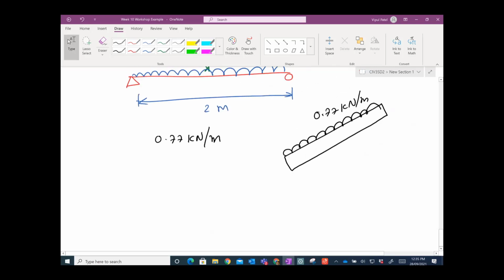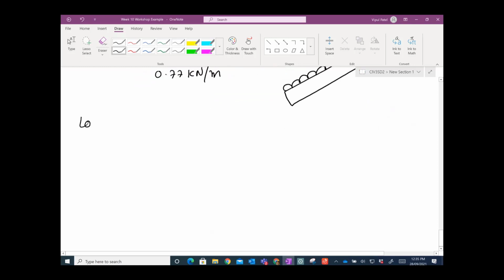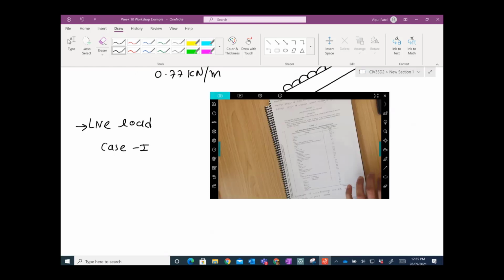Now let's have a live load. Let's do case number 1 for the live load. What is case number 1?